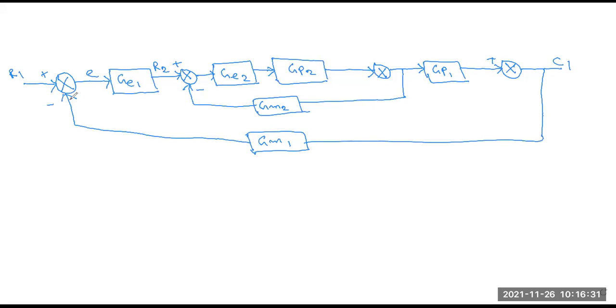This is negative. Okay, and another controller we have to attach. This is GL2, which is connected to this summing point L2. Another one is GL1. This is coming from L1.